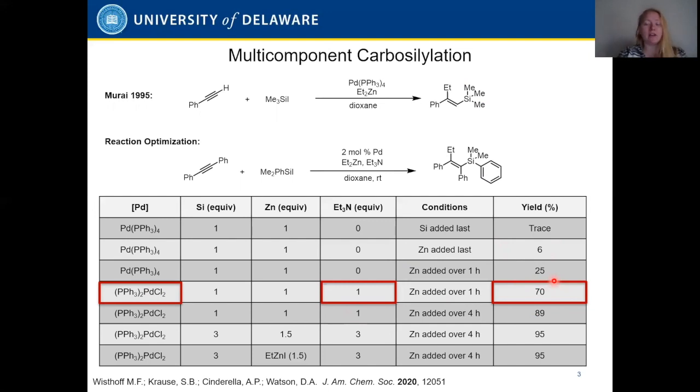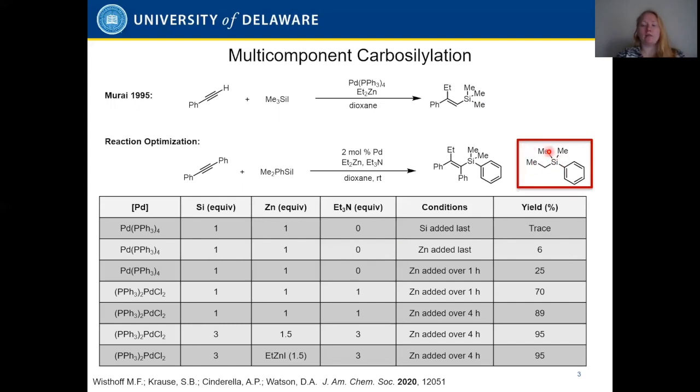So they took a hard look at their mechanistic proposal as well as byproducts that are forming in the reaction. They found this byproduct, pictured here up on the right, dimethyl ethyl phenylsilane. We have a previous paper detailing Silyl-Heck work, in which the zinc nucleophile can react directly with the silyl electrophile, which you could imagine could be generating this byproduct.